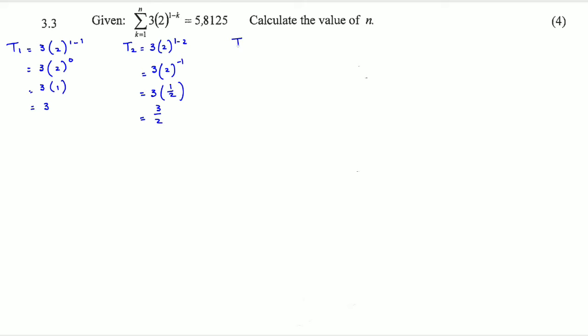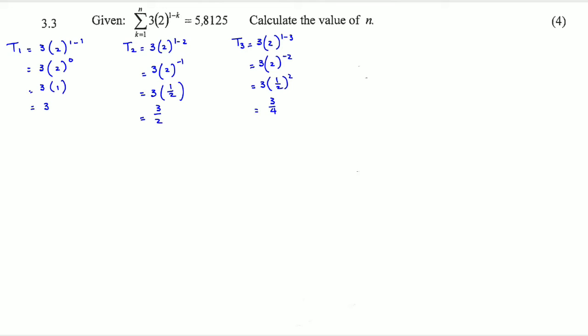The third term is 3 times 2 to the power 1 minus 3, which is 3 times 2 to the minus 2. That's 3 times 1 over 2 squared, which is 3 over 4.